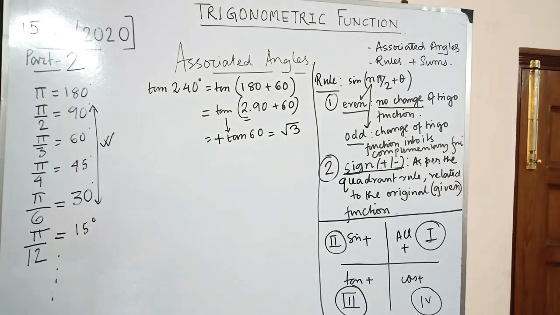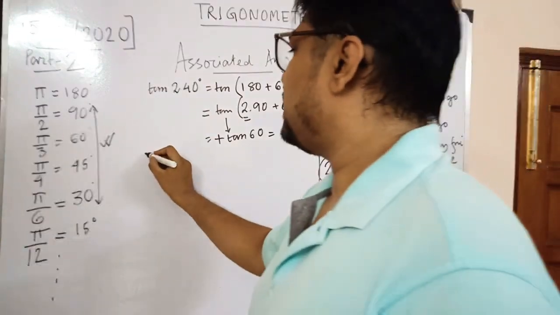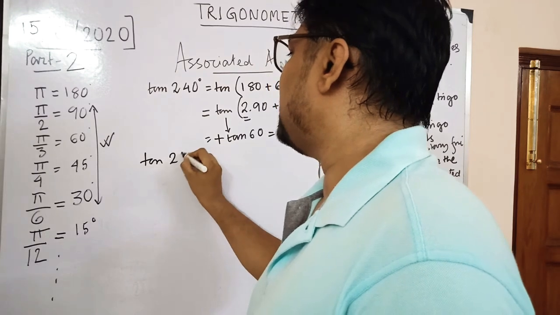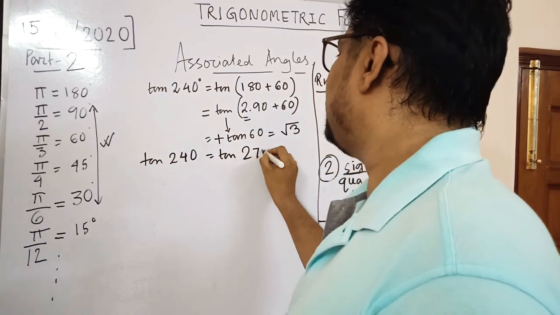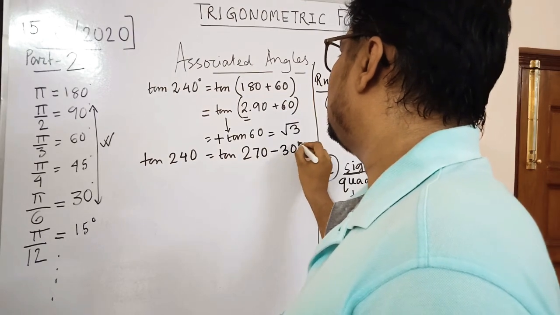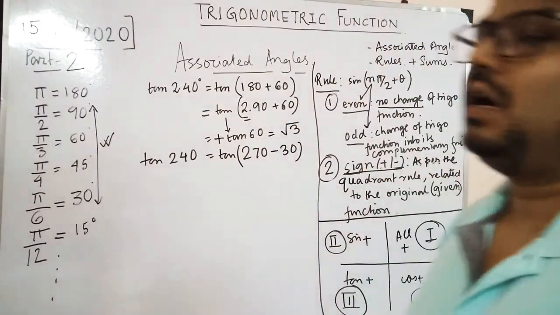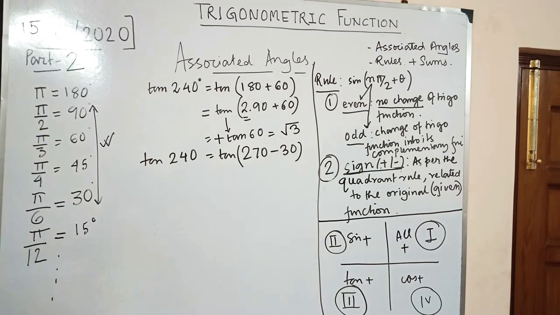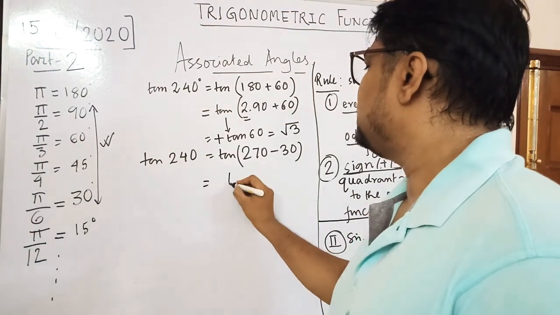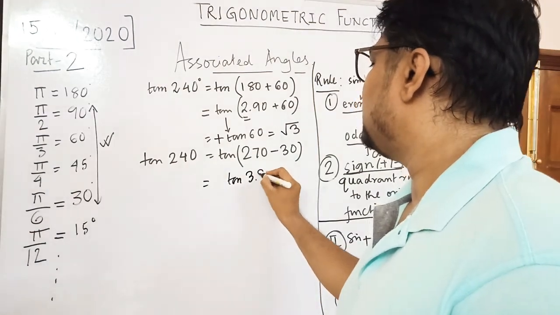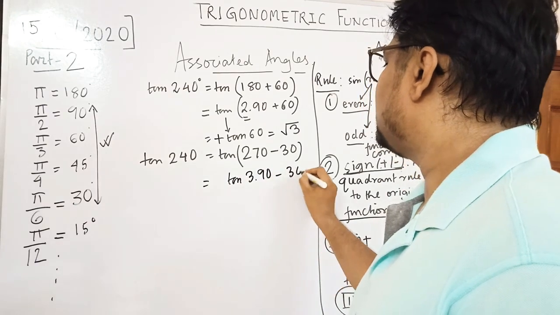Okay, the same sum. That's what I am trying to show you. The same sum you can do like this: tan 270 minus 30. We are doing the same sum in two different ways, two different methods. You can use any method in which you are comfortable. So this is tan of 3 into 90 minus 30.